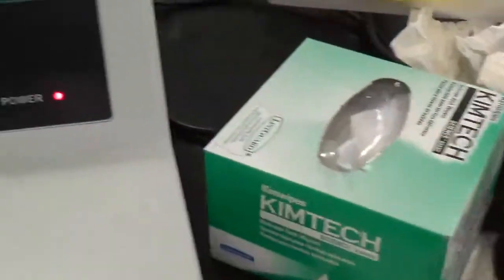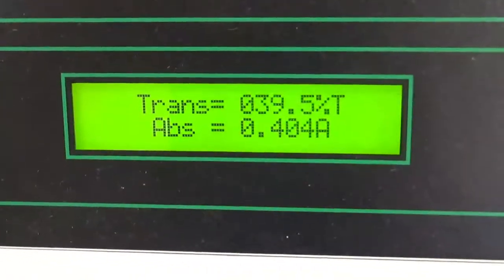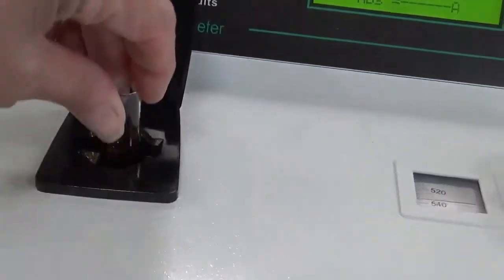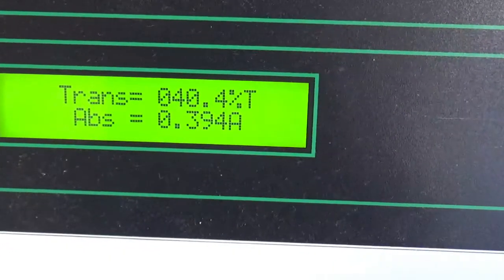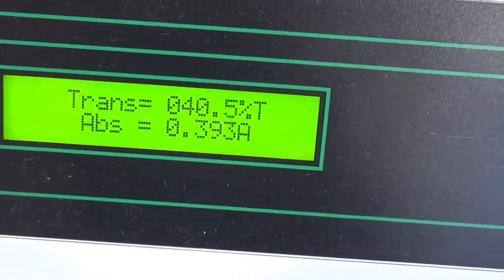And then solution 5. 0.404. And number 6 is next. 0.394. I'm going to blank this again.